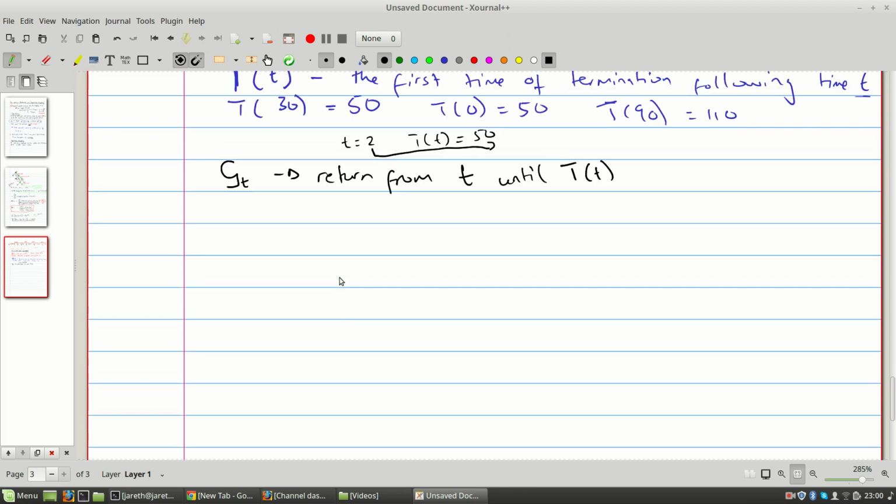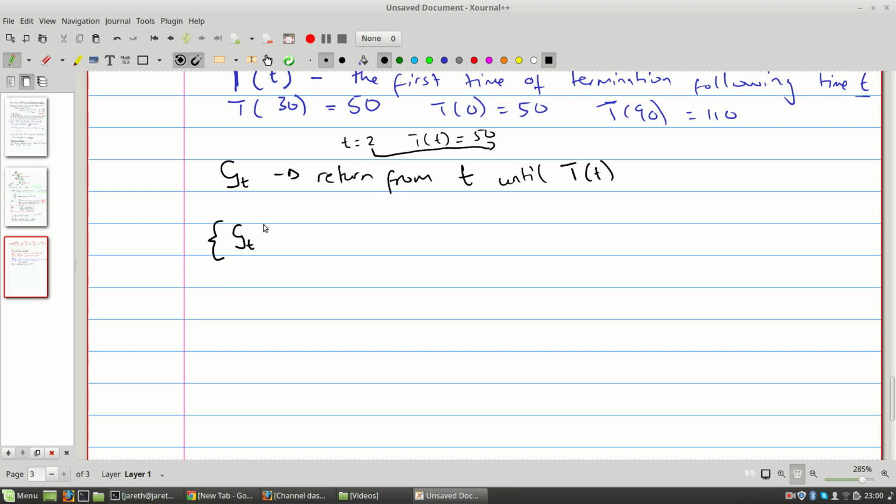Okay, so now that we have this as our definition for the return, we want to look at the set of returns for a particular state, which we represent by this notation.